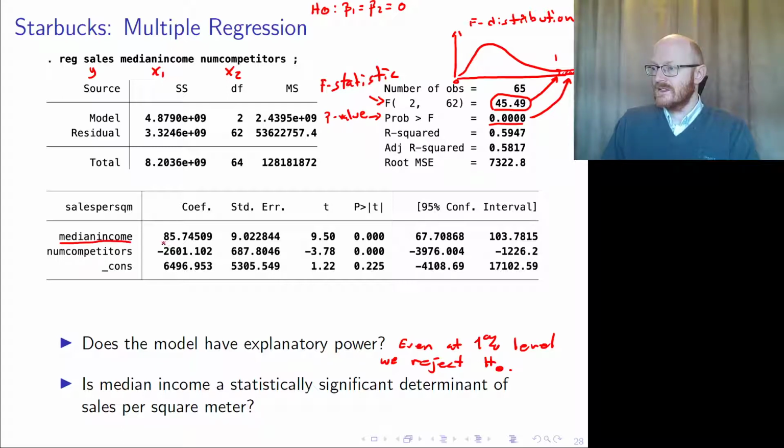The coefficient is 85.74, with a standard error of 9.02, which gives us a t-statistic telling us that the coefficient for median income is 9.5 standard errors away from 0, which gives us the probability of getting a more extreme outcome than this is virtually, or close to, 0.